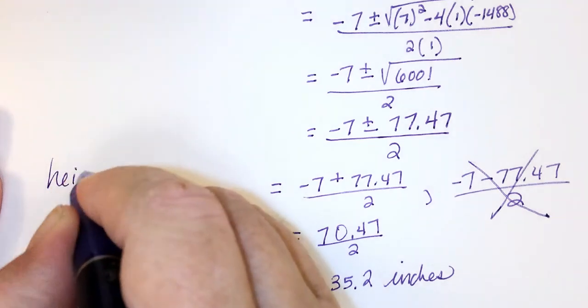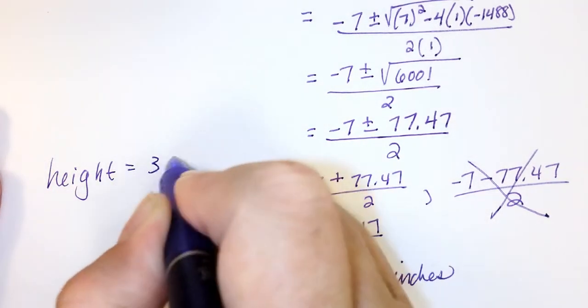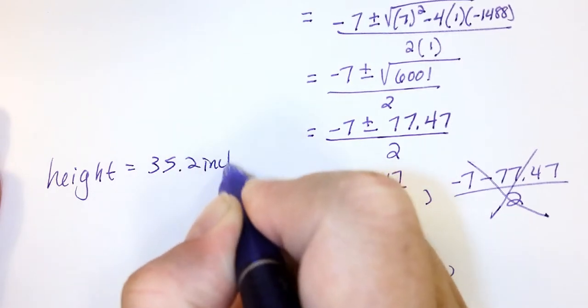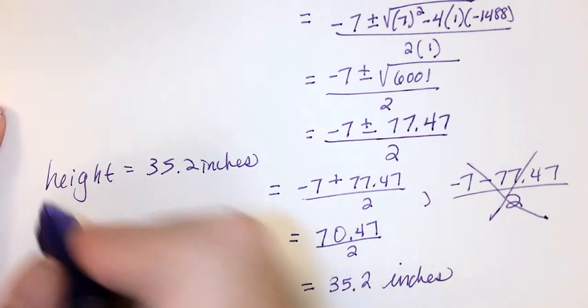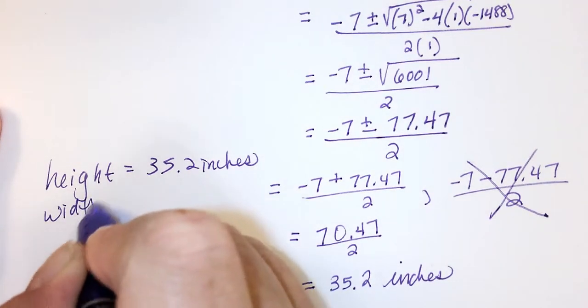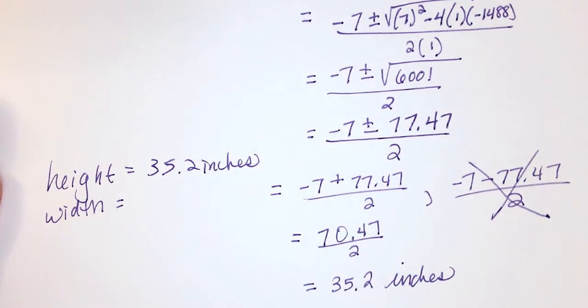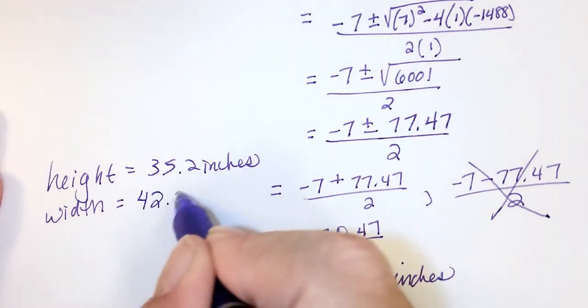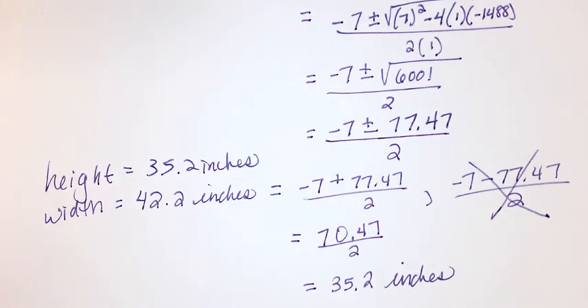So we can say our height is the 35.2 inches. But our width is 7 more. From the problem, it says it's 7 inches longer. So if I add 7 here, I get 42.2 inches for the width. So if we needed to know both dimensions, that's how you would do it.